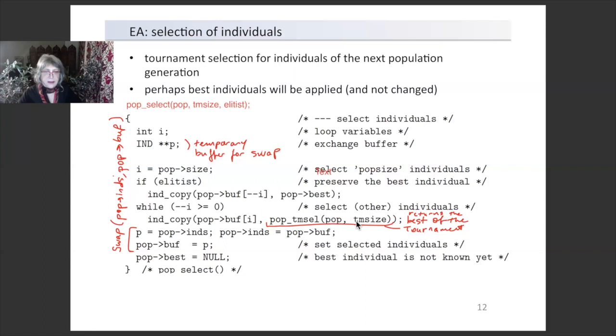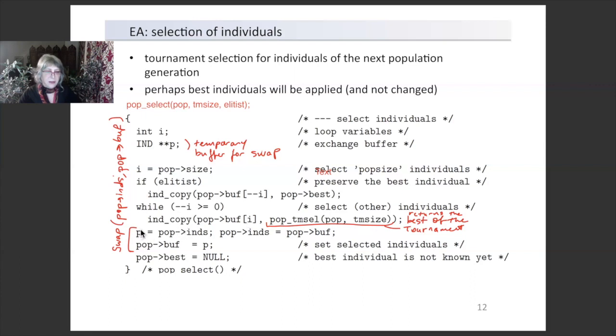We are selecting tournament size individuals, and we are applying population tournament selection function. So this one returns the best of the tournament, and that best among tournament size individuals is stored into the location population buffer I.